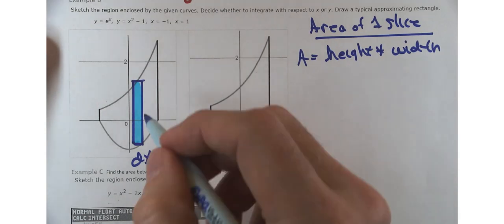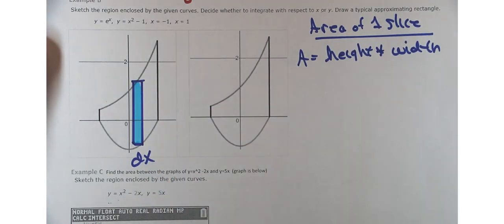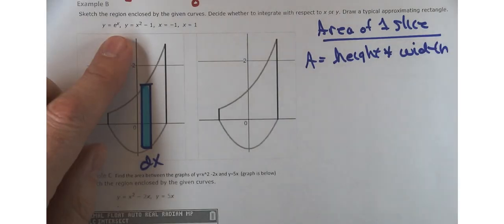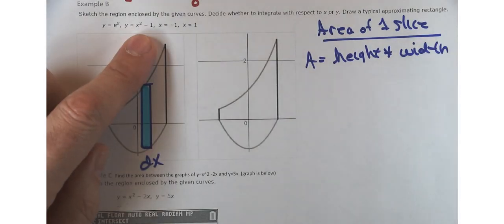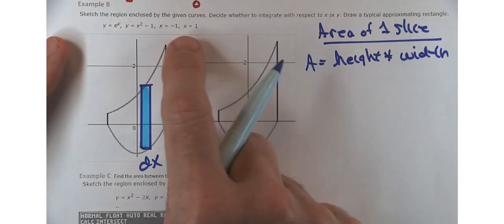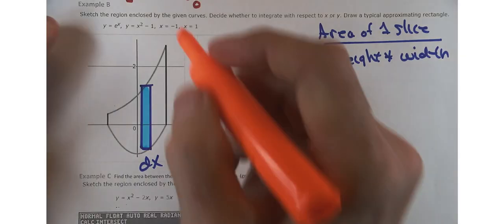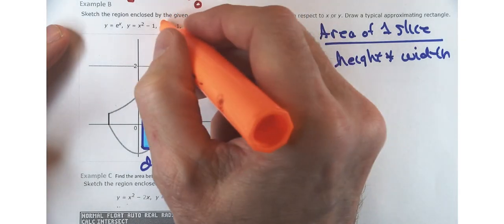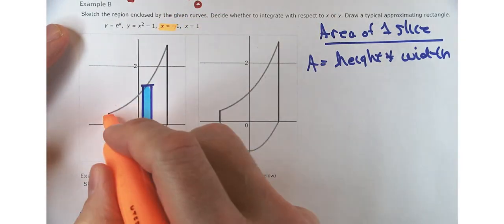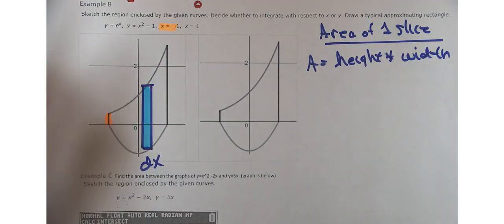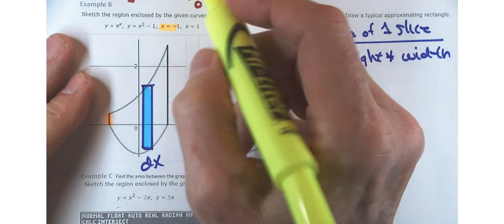And let's see, I've got a couple different functions here. Which one's this top function? Your choices are e to the x, y equals x squared minus 1, and then I've got negative 1 and 1. Those terms just help us define some of our region. So x equal negative 1, that's this little part right here. And x equal positive 1 is the right-hand side of this figure.